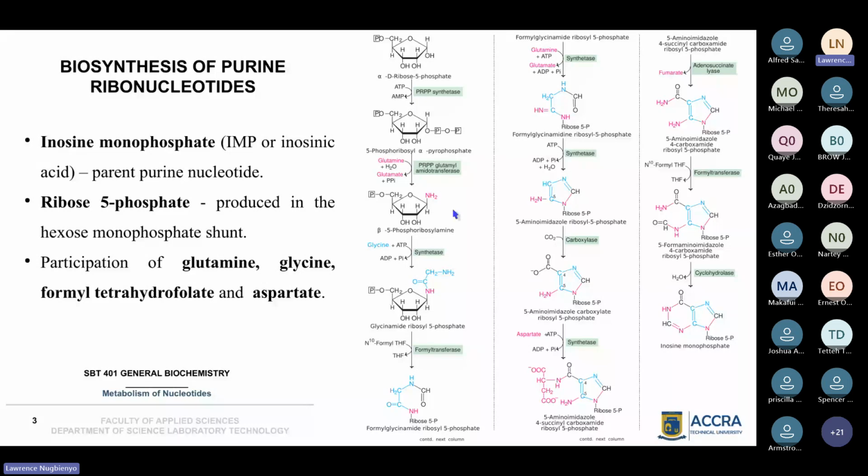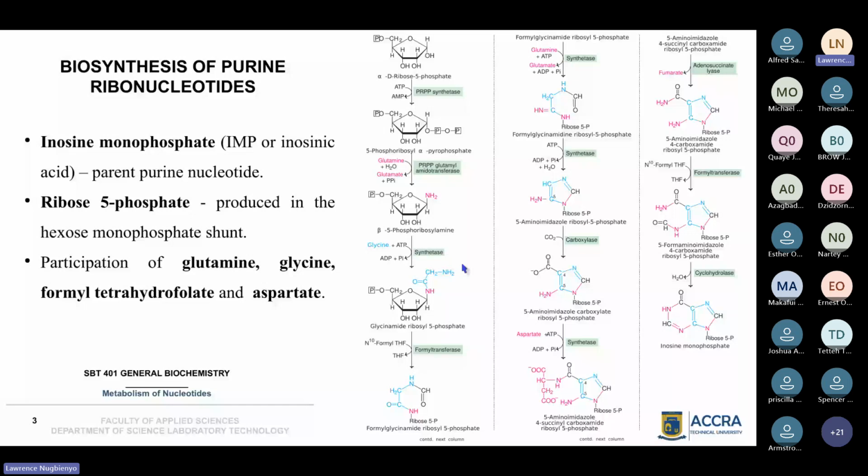So 4 compounds are involved. 3 of them are amino acids, 1 is folic acid, which come together to form the purine ring. So these are the things that you should pay attention to.